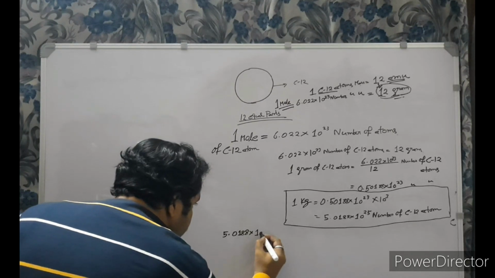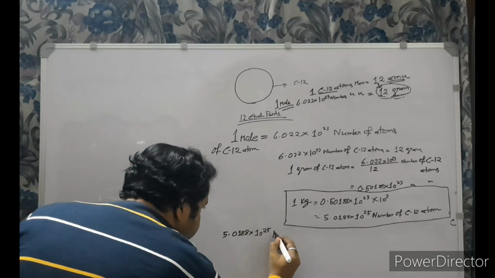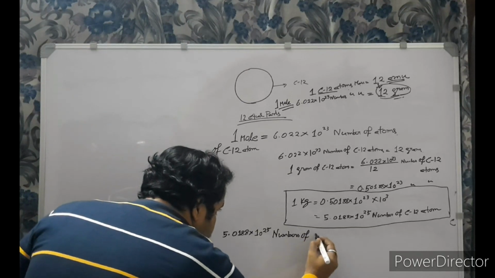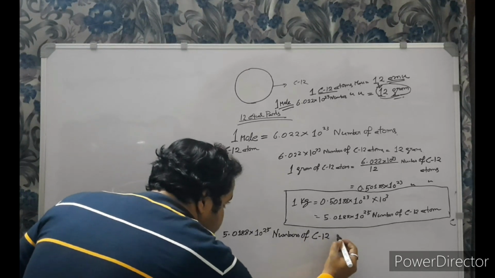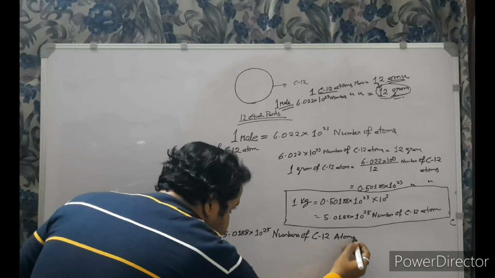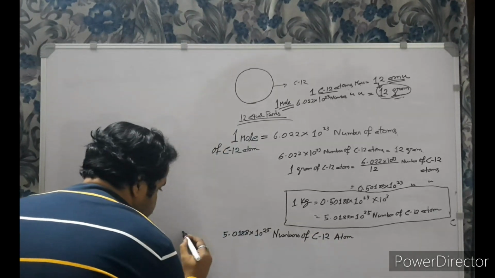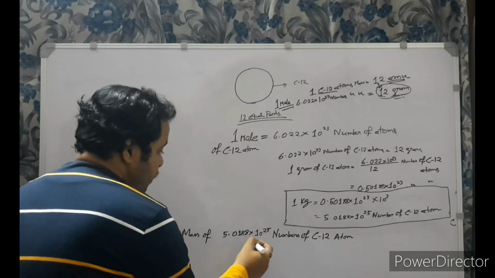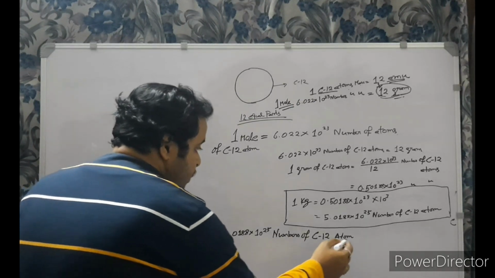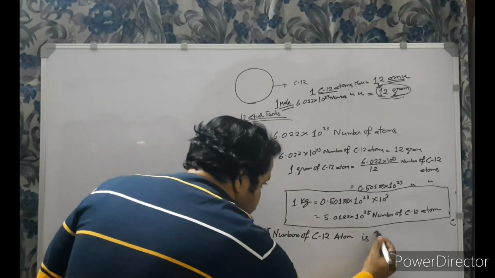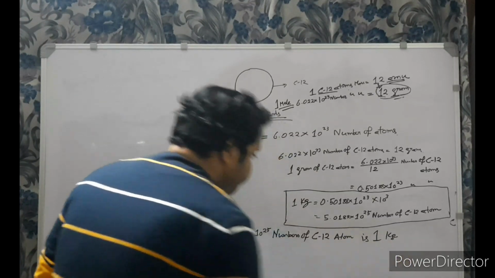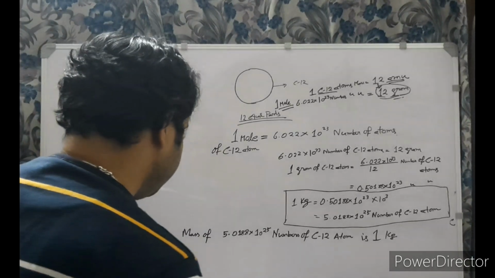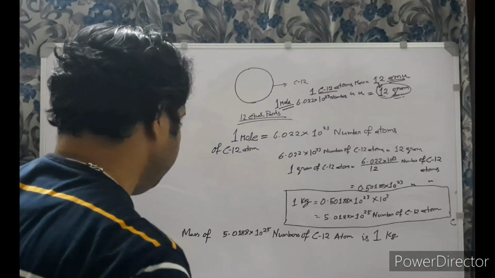Mass of 5.0188 into 10 to the power 25 numbers of C12 atoms is 1 kilogram. This is another definition of kilogram, right? This is very important, write it down.